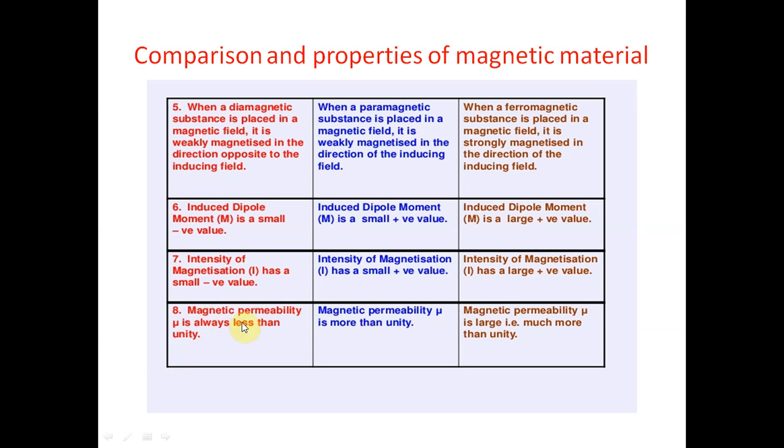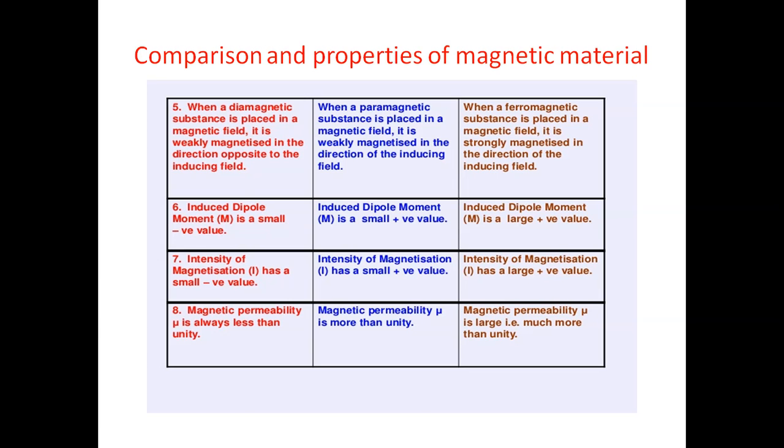So in case of diamagnetic material, the magnetic permeability is less than unity. In case of paramagnetic material, magnetic permeability is more than unity, and in case of ferromagnetic material, it is much more than unity. So it was all about diamagnetic material, paramagnetic material, ferromagnetic material, their properties and comparison.